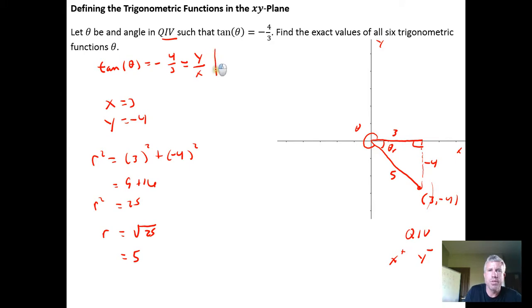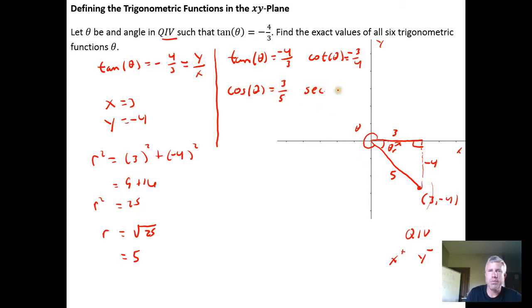Again, start with the one that you know, which is the tangent. The tangent of theta is negative 4/3. So the reciprocal must be negative 3/4. Now get the cosine function, which is the side adjacent the reference angle, or the x-coordinate, over the radius, which is 5.